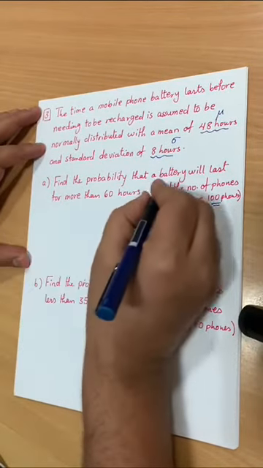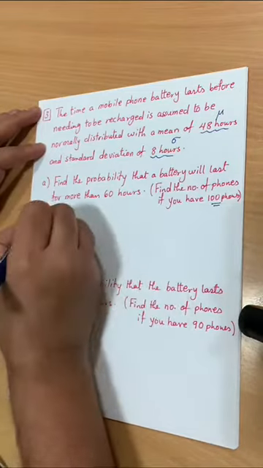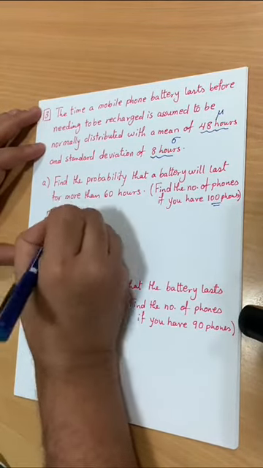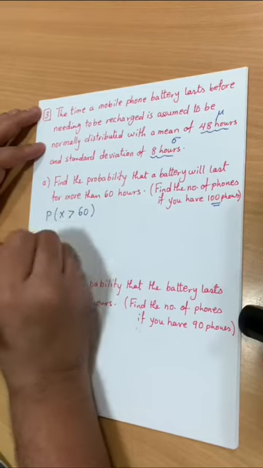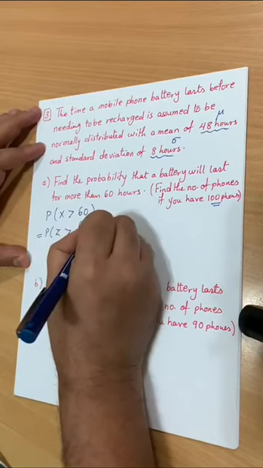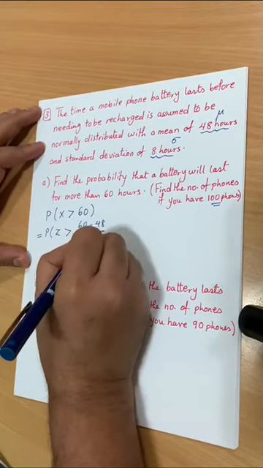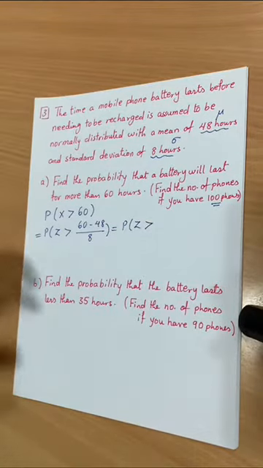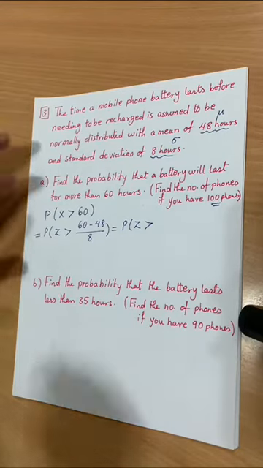So probability that battery will last for more than 60 hours. So probability of X more than 60 equals probability of Z more than (60 minus 48) dividing by 8. It's probability of Z more than 12 divided by 8, which is equal to 1.5.